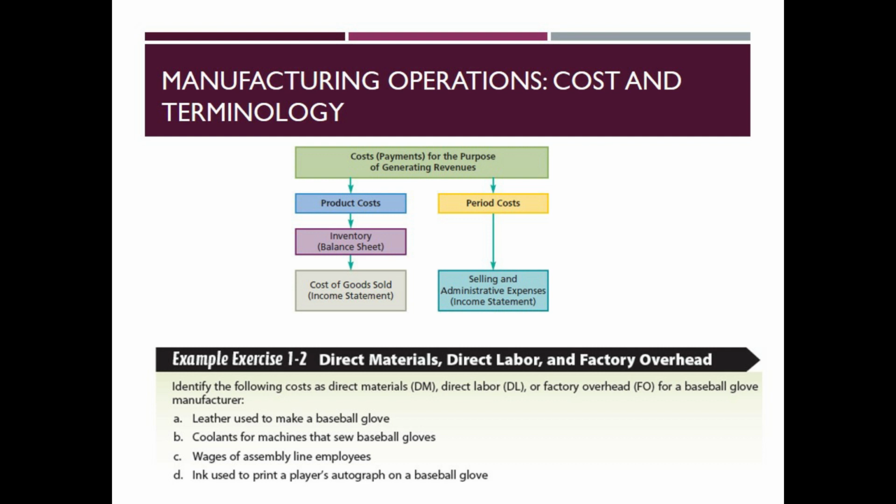So aside from those two categories, we also look into product cost and period cost. Okay. So for financial reporting purposes, they are segregated that way. So product cost consists of manufacturing costs such as direct materials, direct labor, and factory overhead, while period cost refers to selling expenses and administrative expenses.